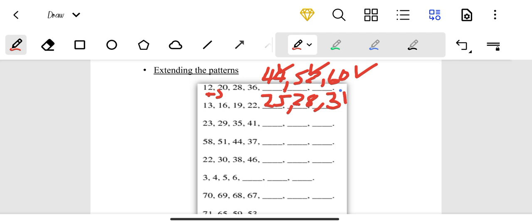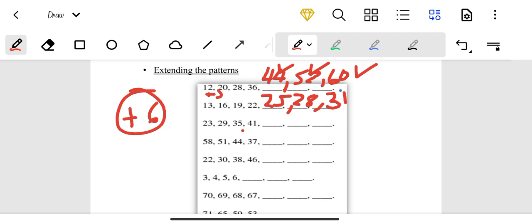The next we have 23, 29, 35, 41. So if we say 23 plus 6 is going to be 29. If we say 29 plus 6 is going to be 35. 35 plus 6 is here. So it means that the rule is plus 6.